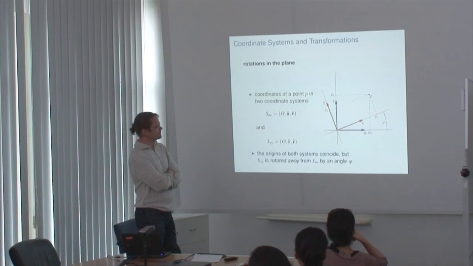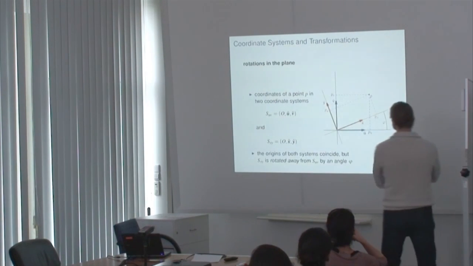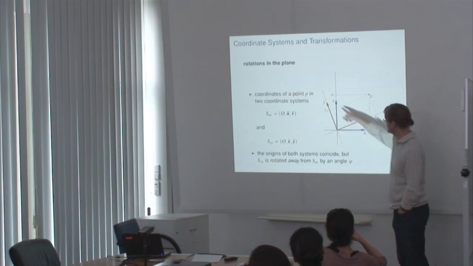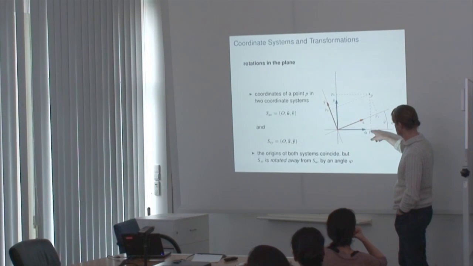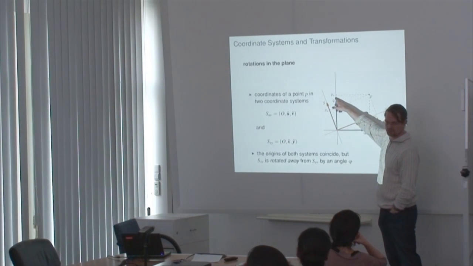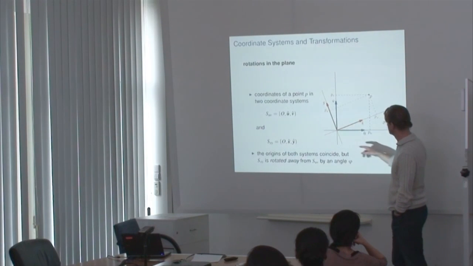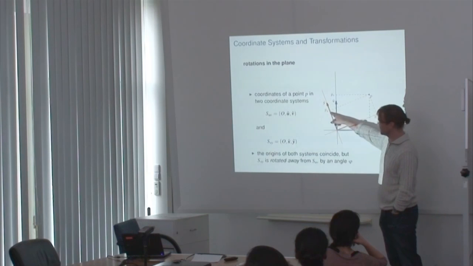And with respect to the coordinates of the point P, that means that the coordinates with respect to u and v are pu here and pv here, and with respect to x and y, they are px and py.